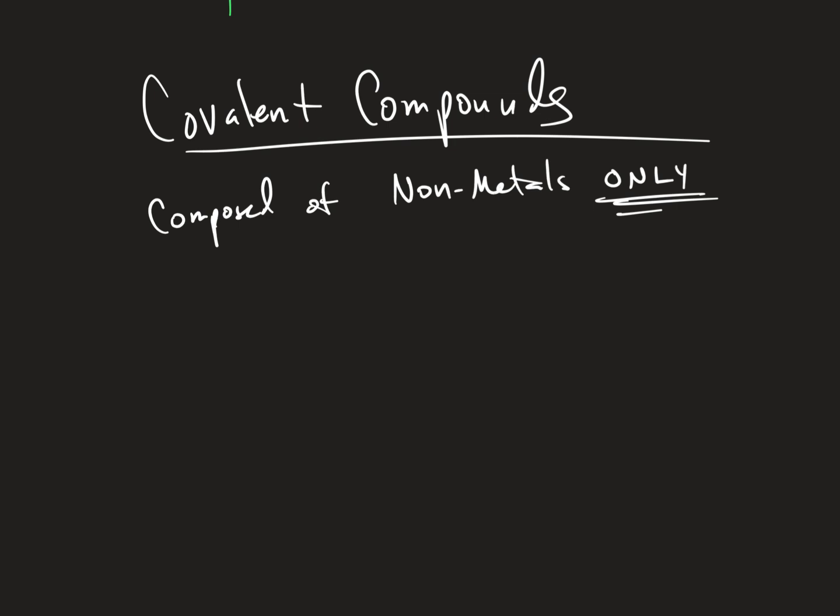What else? We talked about ionic compounds being crystalline solids at room temperature. Covalent compounds are all over the place. They could be gas, liquid, or solids. They could be crystalline, they don't have to be. They're just different.